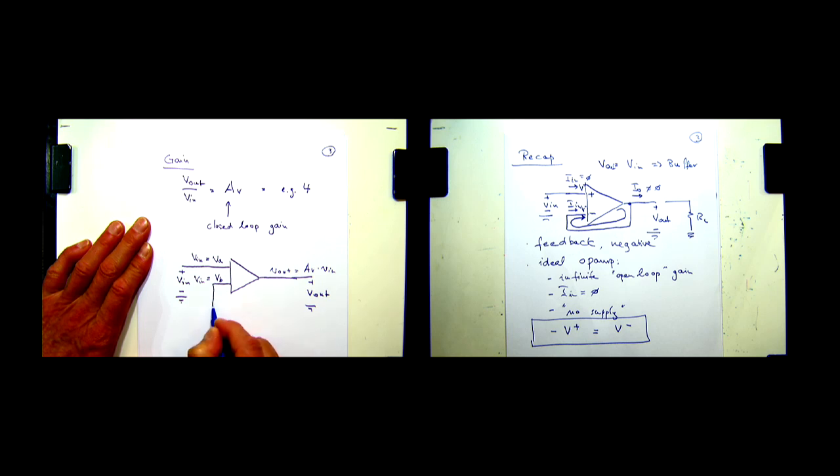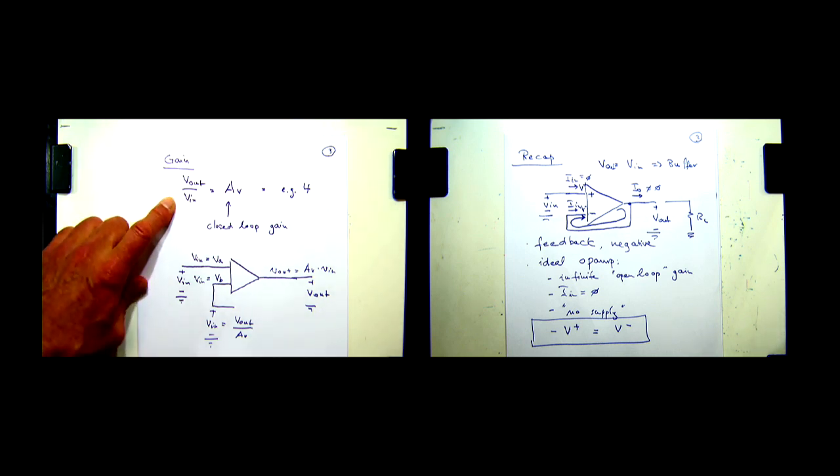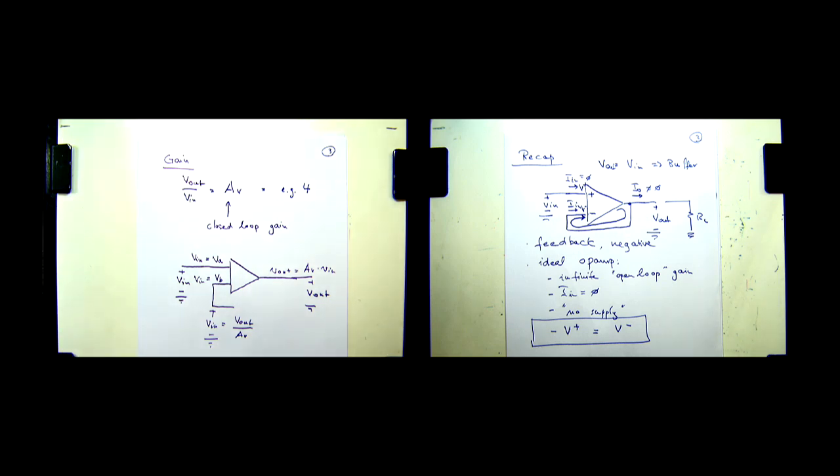If we were to measure this voltage, we would find that it is going to be V in, and that of course also is equal to V out divided by AV, 4 in our example. That's the condition we started with. V out over V in is AV, which means that V in is equal to V out over AV, over 4. Fair enough.